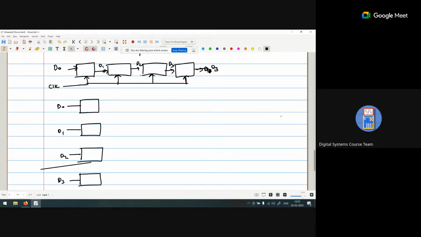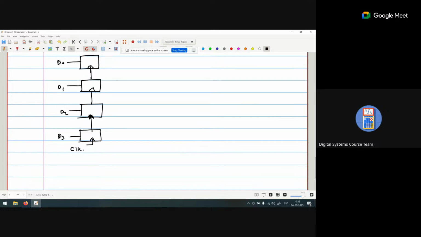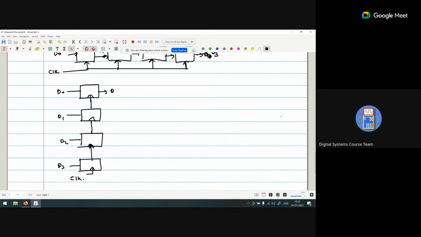This is the clock pulse, and we are getting outputs Q0, Q1, Q2, Q3. Okay. So can you see any difference between these two diagrams?